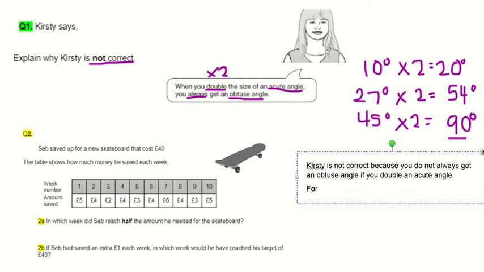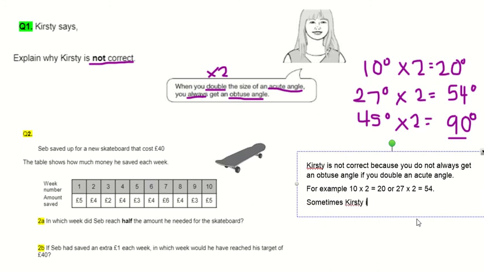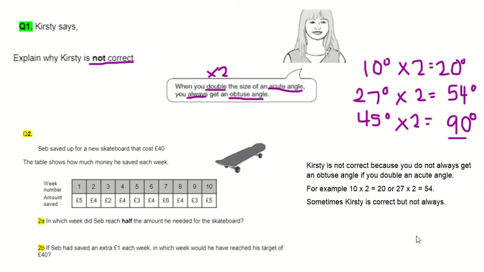For example, 10 degrees doubled is 20 degrees, or 27 degrees doubled is 54 degrees. Okay, so she's not always correct. So sometimes Kirsty is correct, but not always. Okay, so there we are. There's my sentence to explain.